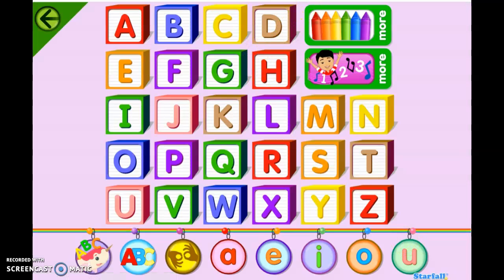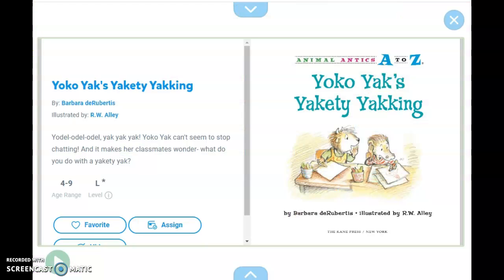All right, now we're going to switch over and we're going to read a story with lots of Y sounds in it. I want you to listen to the title of this story and see what Y sound you hear. This is called Yoko Yak's Yakety Yakking. I heard a Y sound at the beginning of every single one of those words.